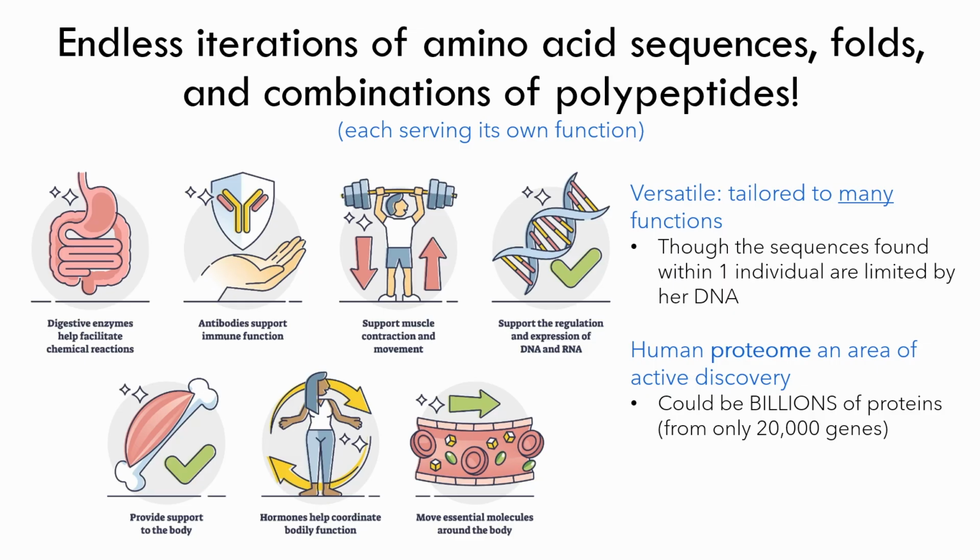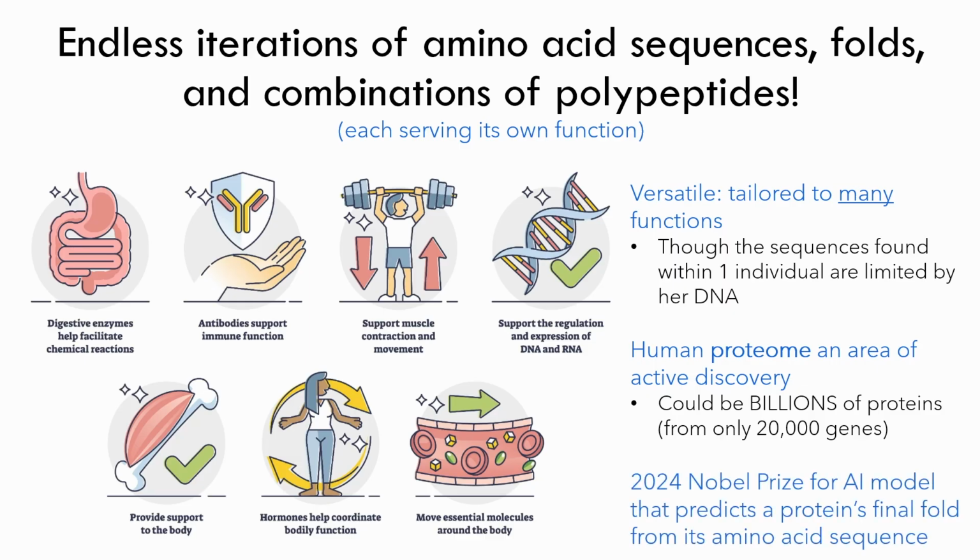Typical human polypeptides are 300 to 500 amino acids long, and no human brain has been able to precisely predict the quaternary structure of a functional protein from its amino acid sequence. However, in the early 2020s, an artificial intelligence model was developed to do just that. This AI now allows scientists to foresee the shape and therefore make good predictions about the function of known amino acid sequences.